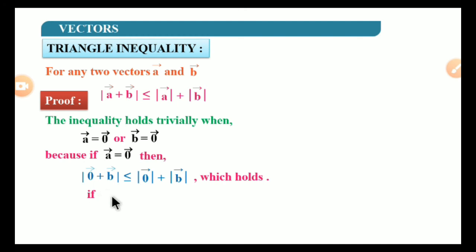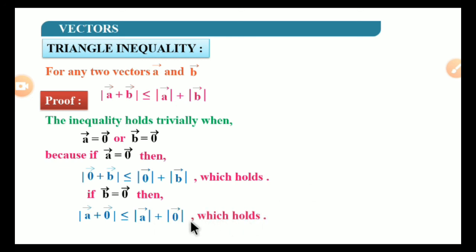Now another case, if B is equal to 0 vector, then the magnitude of vector A plus 0 vector is less than or equal to the magnitude of A plus the magnitude of 0 vector, which is also true here, because after simplification it becomes the magnitude of vector A only, and the right hand side also becomes the magnitude of vector A only, so this is also true.